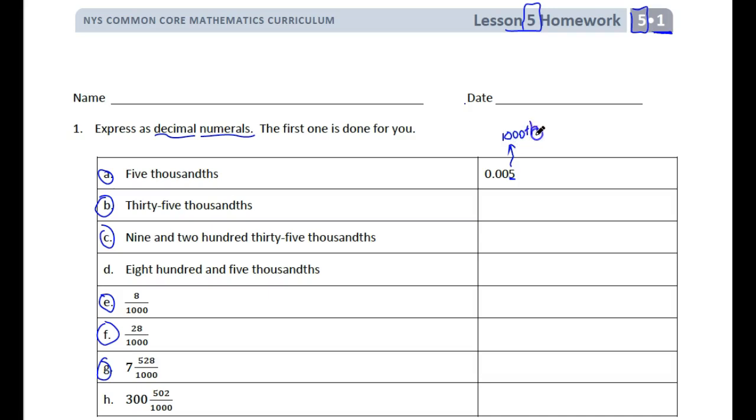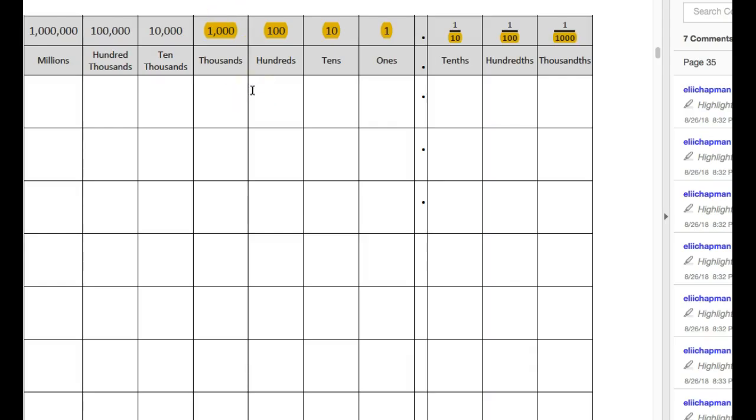What I'd like to do is show you kind of a bigger chart so you can see why that's true. So if we look over here, we can see that if you have a whole thousand, it's going to look like that. Hundreds, these are whole numbers. There's a whole one. Here's a decimal. This is, if it takes 10 to have a whole one, you only have one of them.